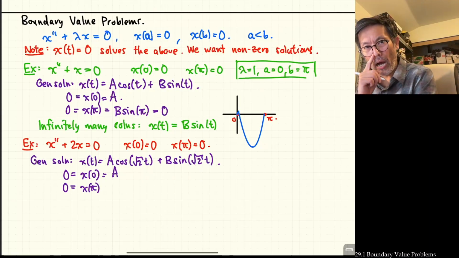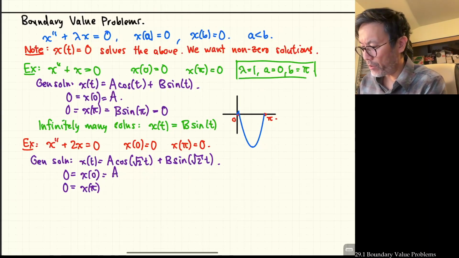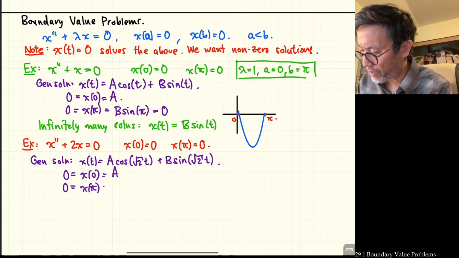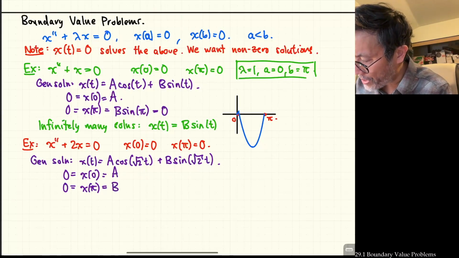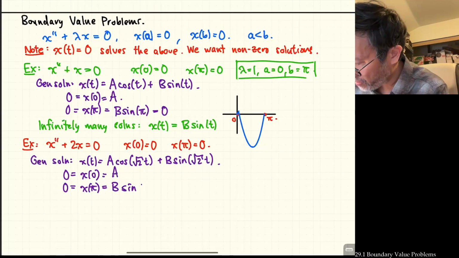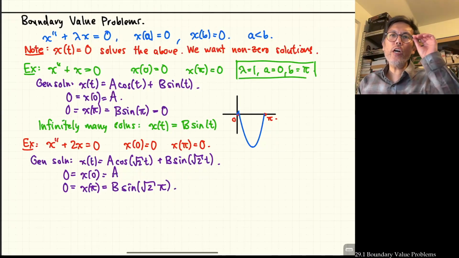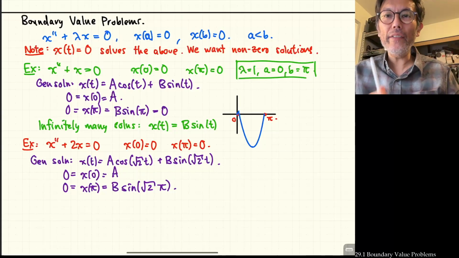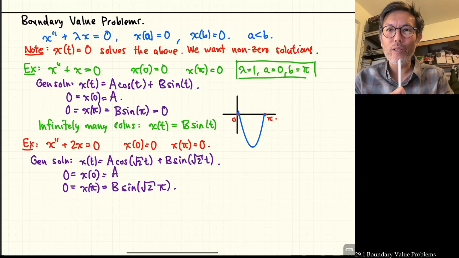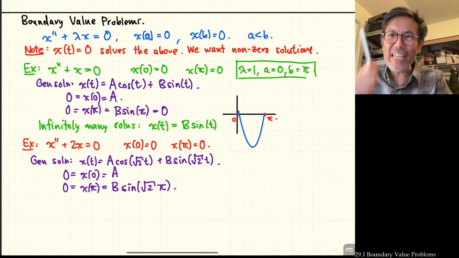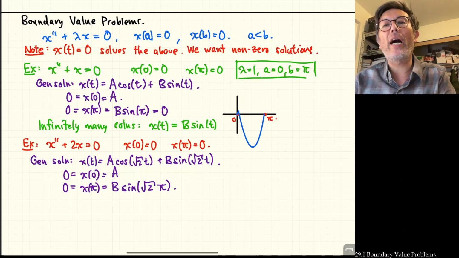That's x of pi. What is x of pi equal to? Well, a is 0, so let's forget about it. What we have is b sine square root of 2 times pi. Now, what you should know is that sine of square root of 2 times pi is not 0. Sine of x is only 0 at integer multiples of pi.